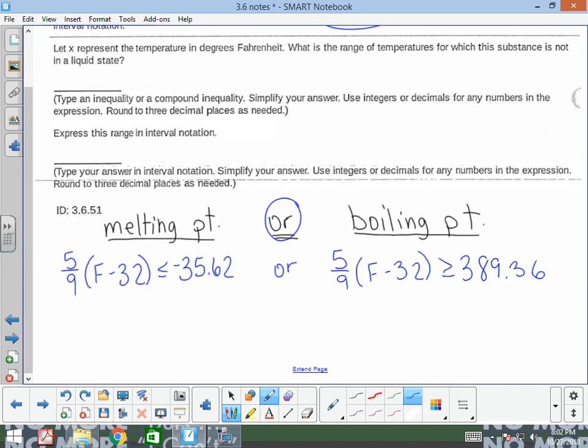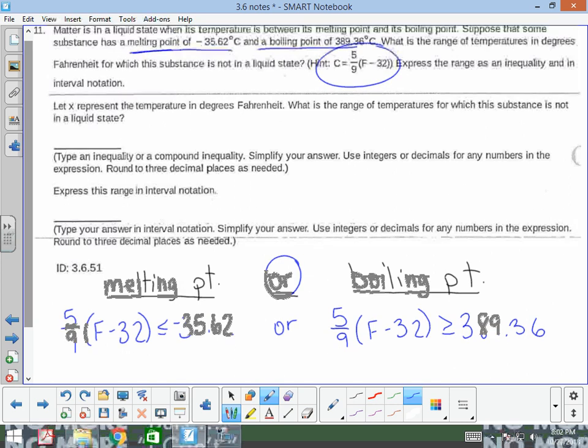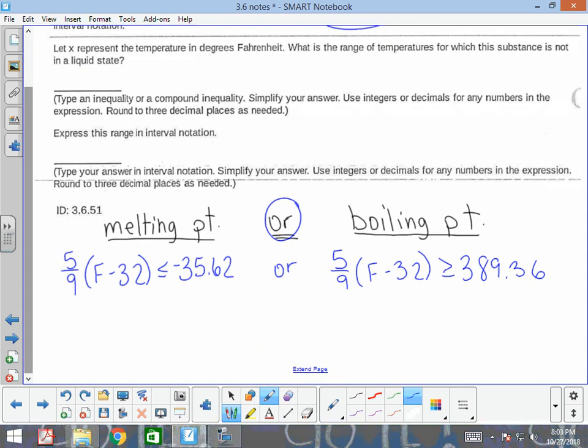All right, so this is how you're going to set it up. It's going to be less than or equal to the melting point, or greater than or equal to the boiling point. So we're going to use the word or. Whenever I solve this, I'm first going to multiply by the reciprocal.